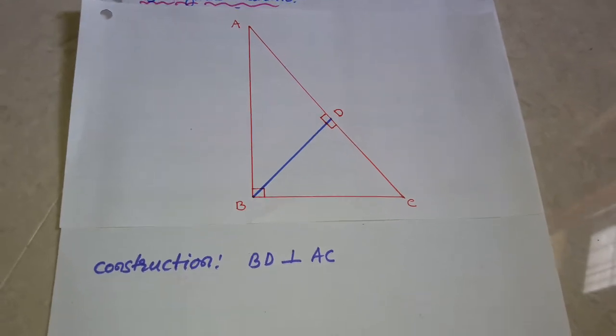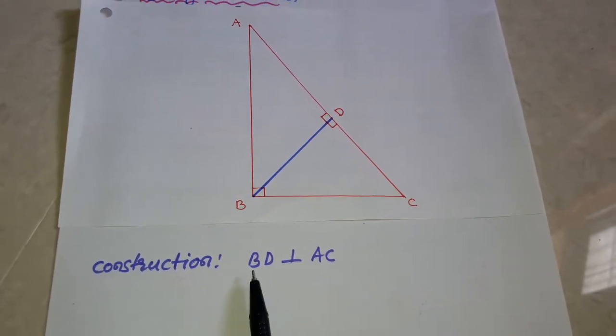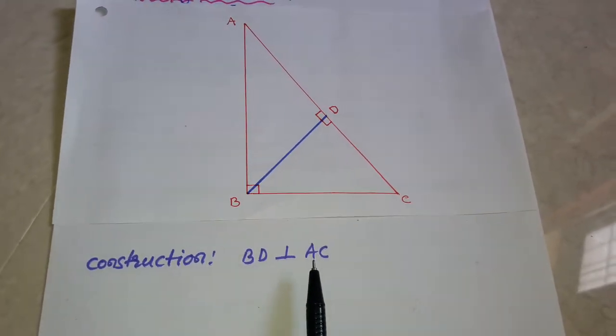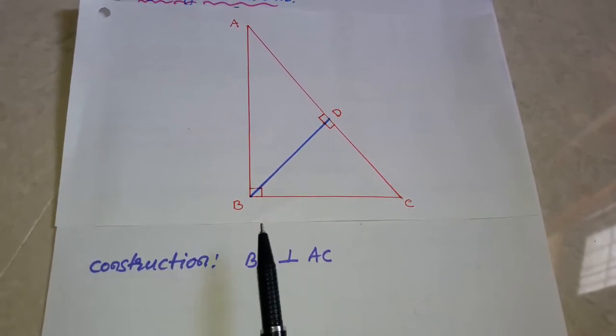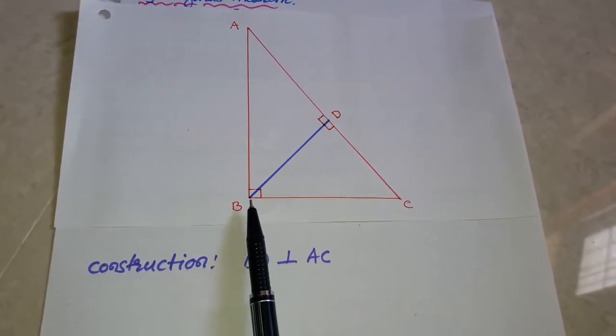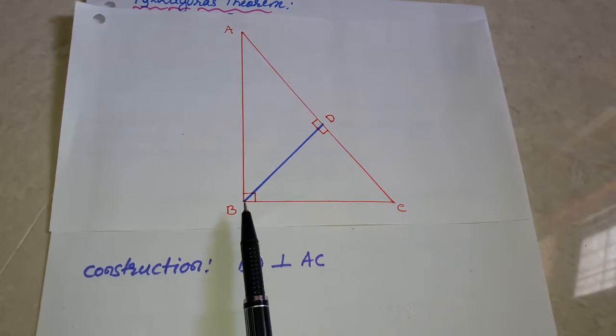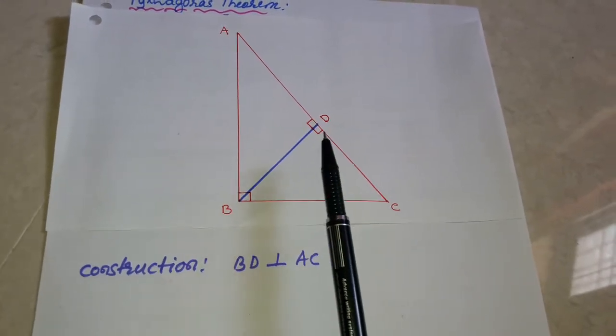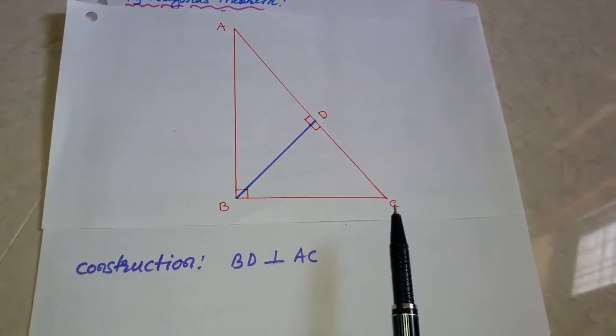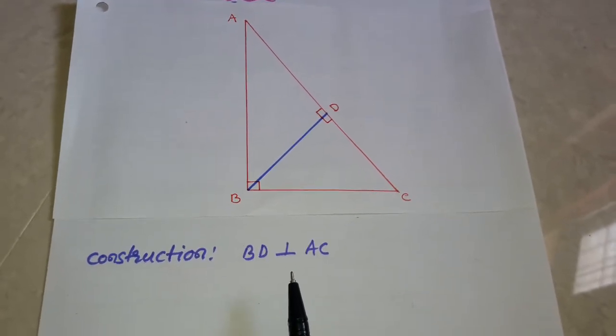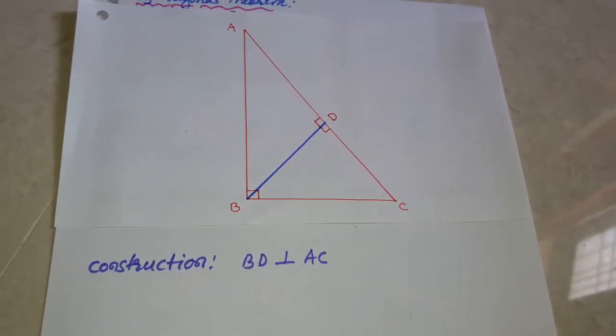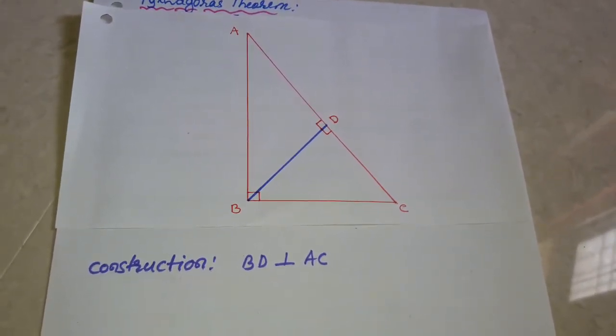The reasonable construction is to have a perpendicular drawn from the vertex that already has a right angle at it. So BD perpendicular dropped on AC is the most suggested construction. So BD perpendicular to AC.